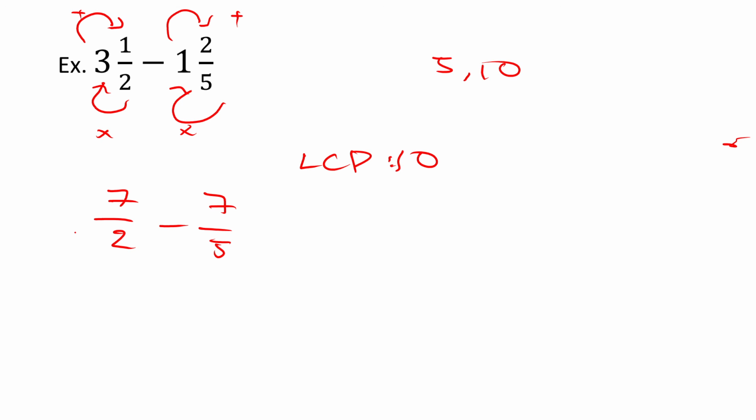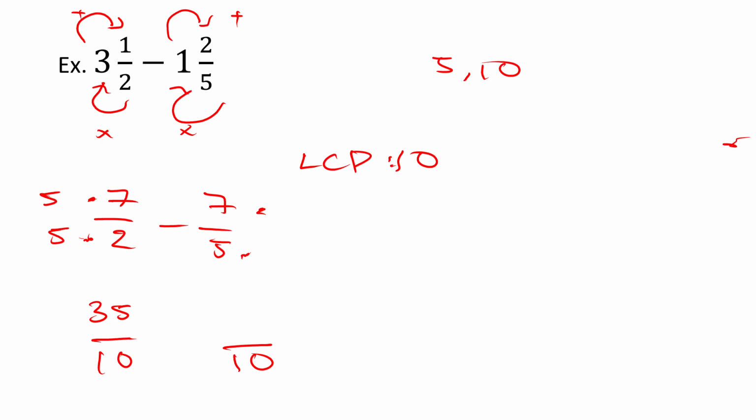Now let's multiply the left fraction with 5, because again our goal is to make both denominators 10. 5 times 2 is 10. 5 times 7 is 35. Now we're moving on to the right fraction, 7 over 5.